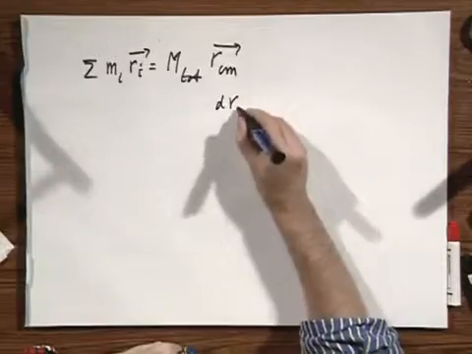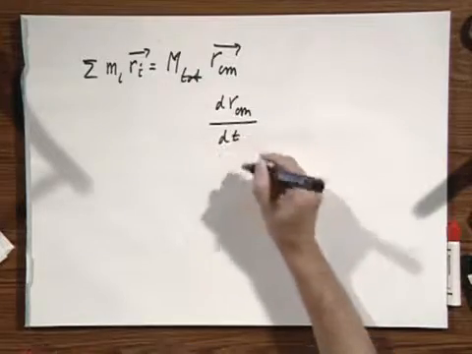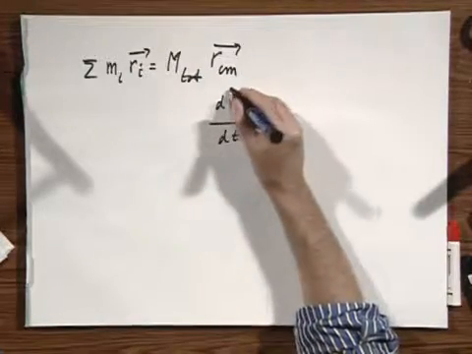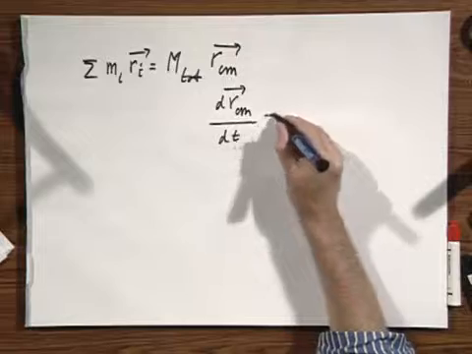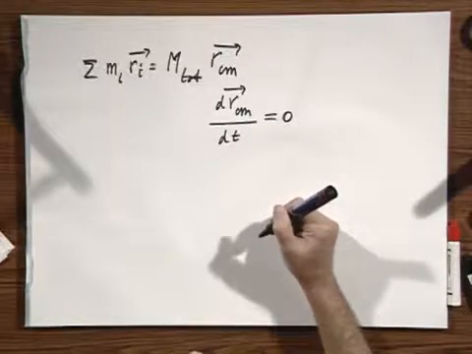There are no external forces, and therefore the center of mass will continue with the same velocity forever and ever. But now you move in a frame of reference with the center of mass. That means that d r_c/dt, as seen from your center of mass frame, must be 0, because the center of mass is not moving in your frame.